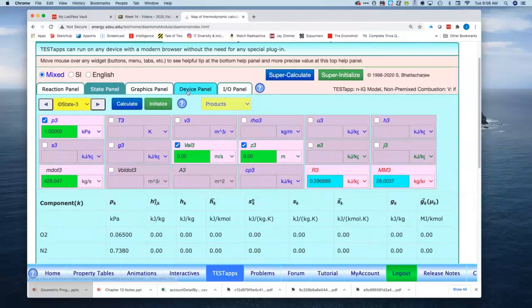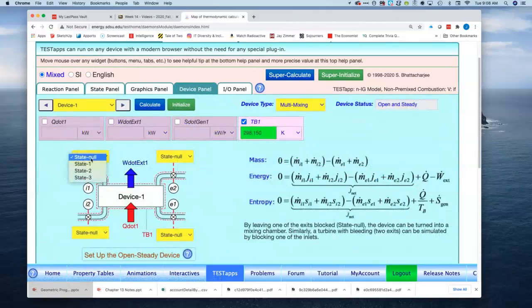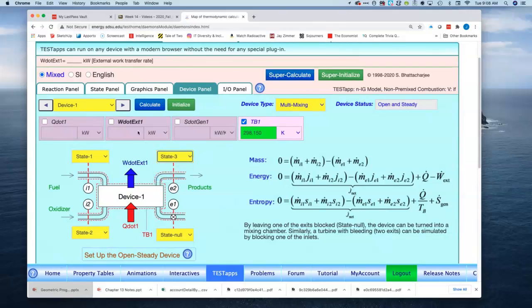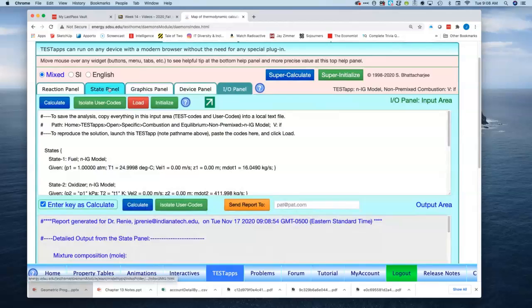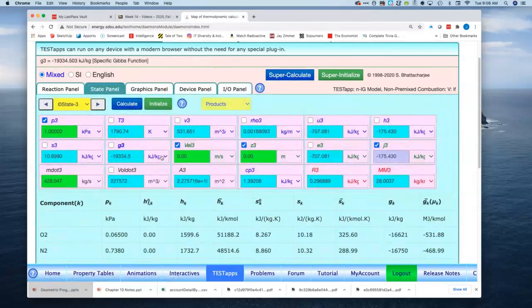Now we want to go back to the device panel. We're going to come in with state 1, which is the fuel, state 2, which is the oxidizer, and state 3, which is the products, with no heat transfer and no work. Now do a super calculate, go back to the state panel, and there's the same number that we got before.